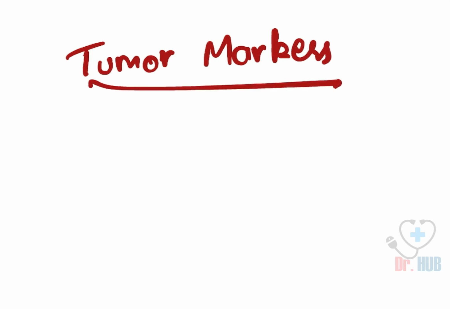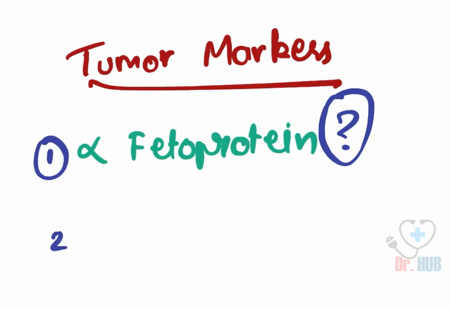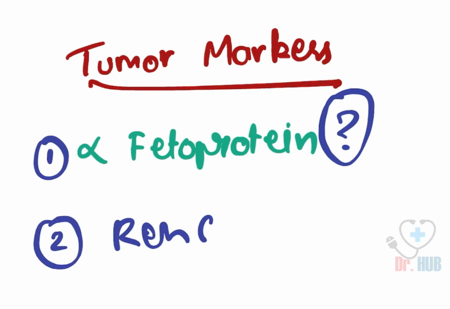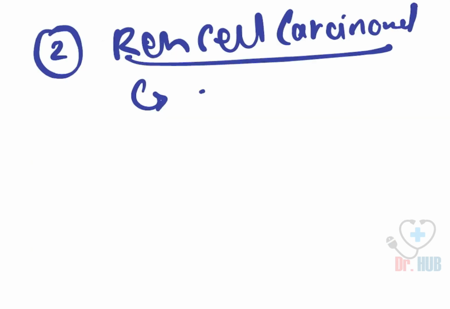Today we are looking at the topic of tumor markers. So to start with, a few questions. Where is the tumor marker alpha fetoprotein seen? Next, in case of renal cell carcinoma, what is the tumor marker?